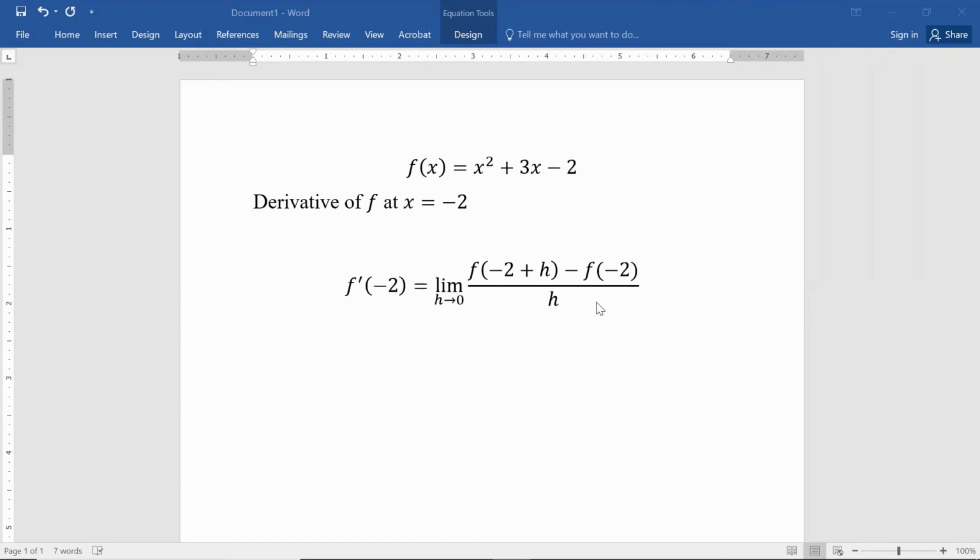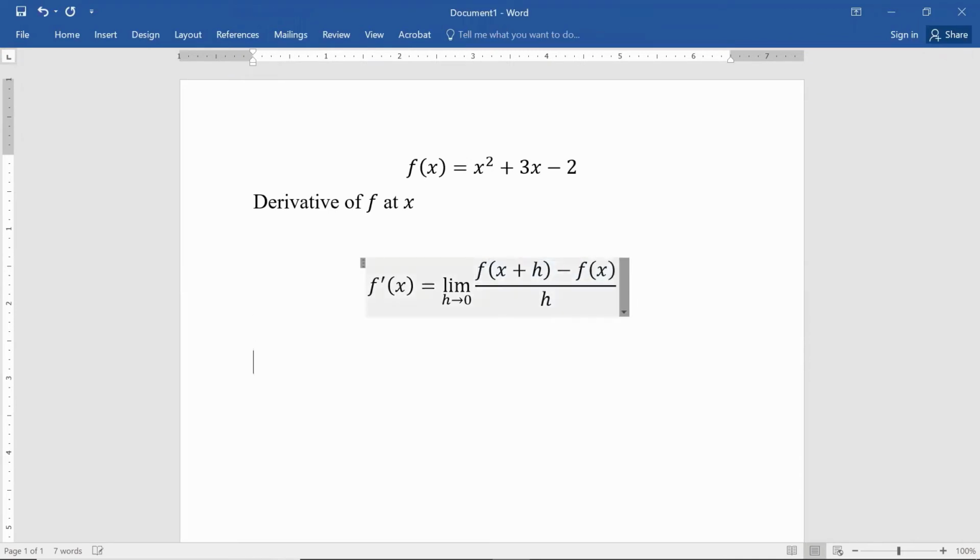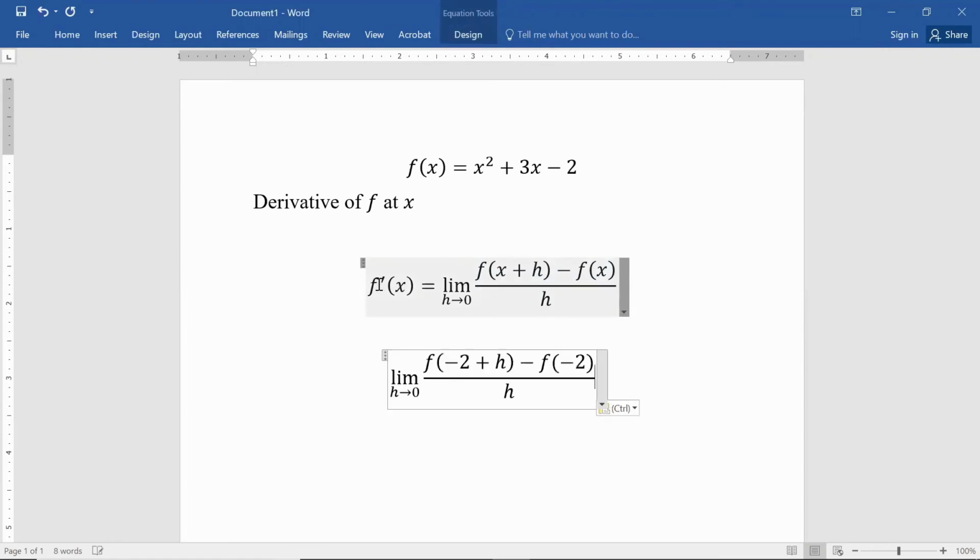So for an arbitrary value of x, which is not -2, we plug in: f prime of x is equal to f of (x plus h) minus f of x. Now you have to be careful here about how you plug things in, but from here on out, it's just a bunch of equivalent limits and a lot of algebraic manipulation.